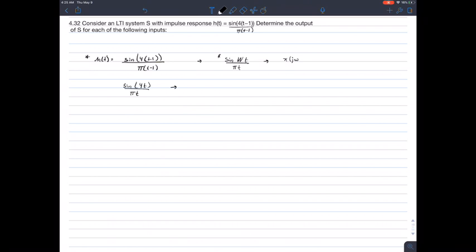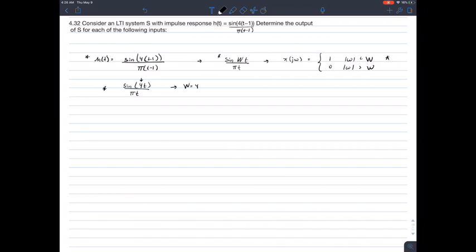X of j omega is equal to 1, 0, omega, big W. Okay, so to see how this changes the original, we can see that big W right here is equal to 4.